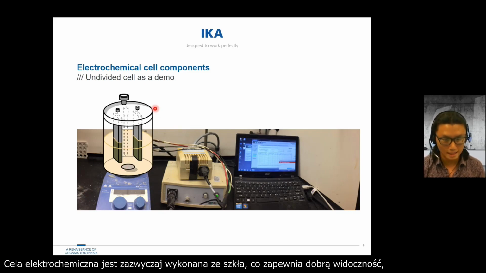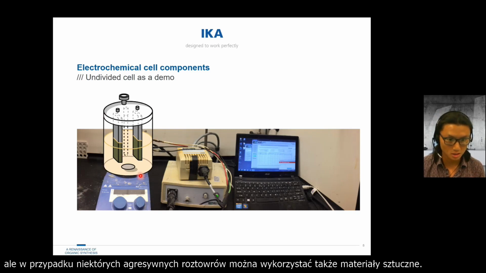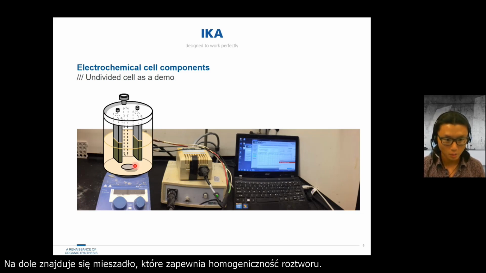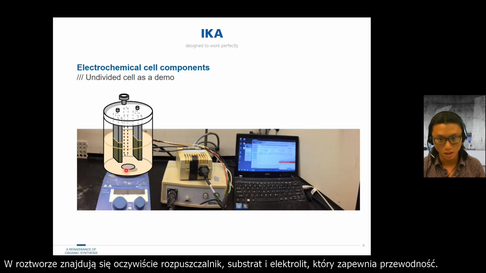For the electrochemical cell, typically it's made of glass for visibility, or you can also use plastic for some very aggressive solutions. We have a stir bar underneath to make sure the solution is homogeneous. And as for the solution, it has solvent, of course. It also contains substrate, and we also need electrolyte to make sure it's conductive.